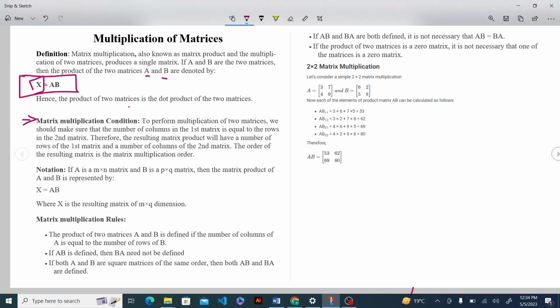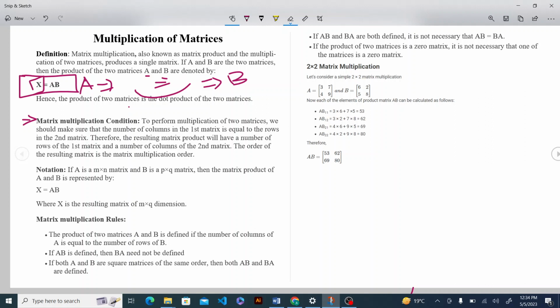Let me clear it in simple words. What do they mean? They mean that if we have two matrices A and B, then A's number of rows M should be equal to the number of columns of B. Sorry, I wrote it opposite.